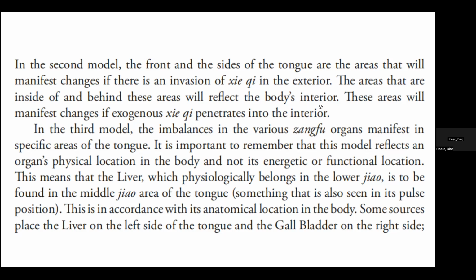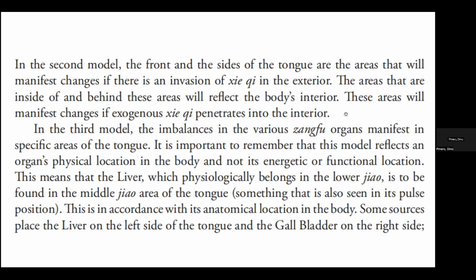So, opposite po ng front and sides of the tongue, beyond this is considered naman as interior. These areas will manifest changes if exogenous evil chi penetrates into the interior. So, tandaan po natin, pag front and sides, exterior, and from beyond this point naman, kung doon na may changes, it is considered naman as interior.